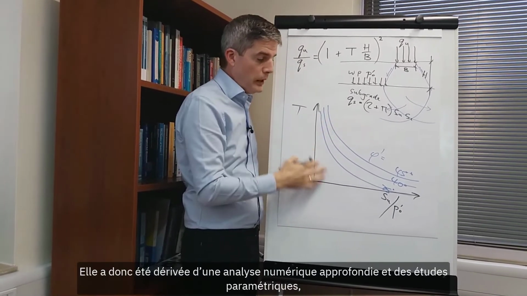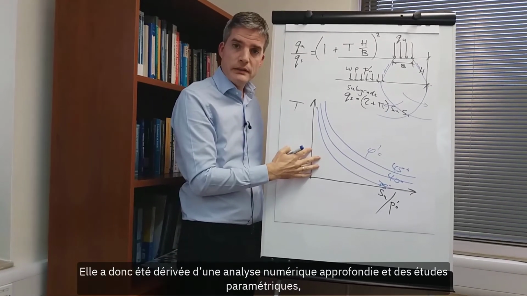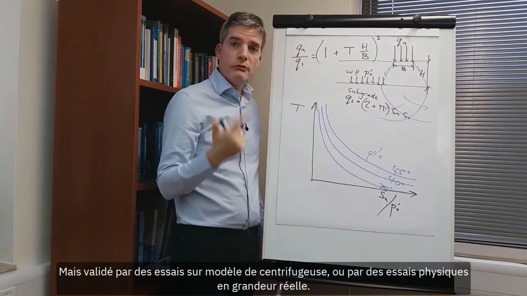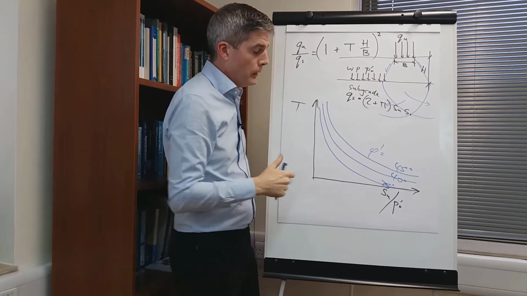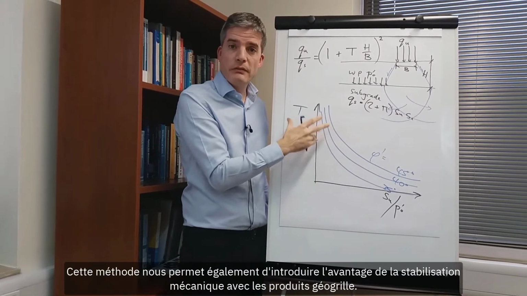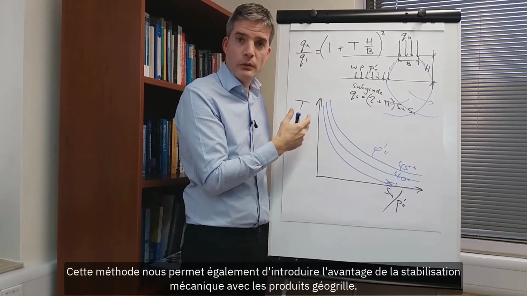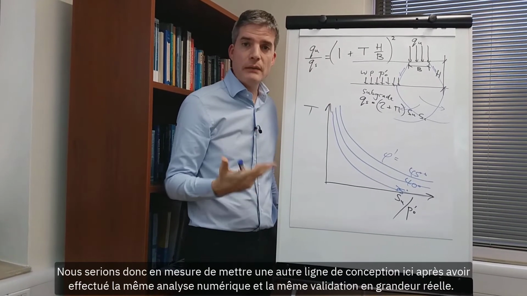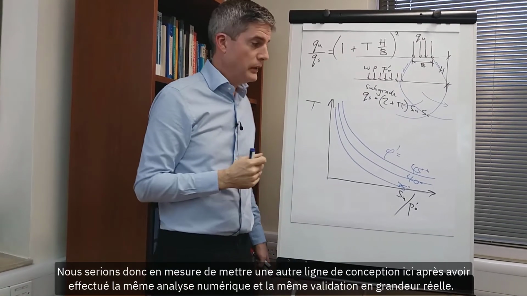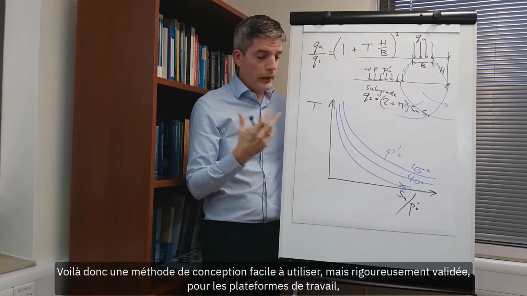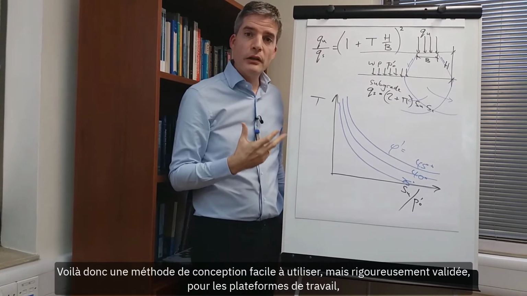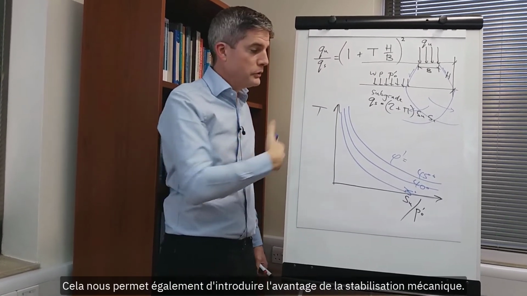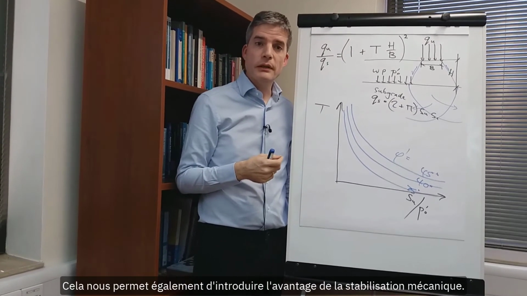It's been derived by extensive numerical analysis and parametric studies, but validated by centrifuge model testing and by full-scale physical testing. This method also allows us to introduce the benefit of mechanical stabilization with geogrid products. We will be able to put another design line on here after doing the same numerical analysis and full-scale validation. So there you go, an easy to use but rigorously validated design method for working platforms that allows us also to introduce the benefit of mechanical stabilization.